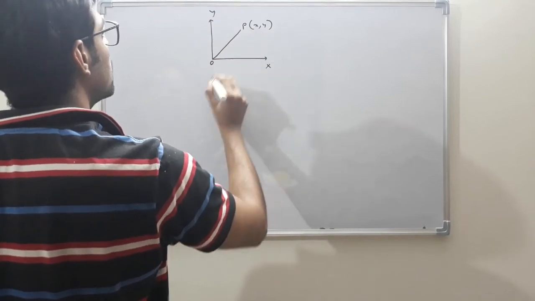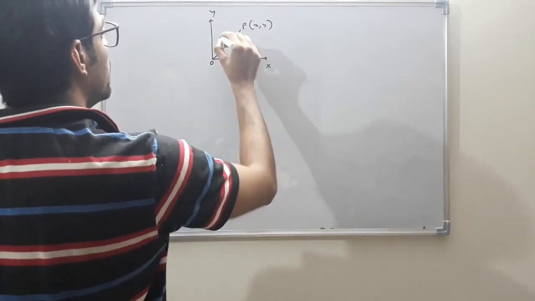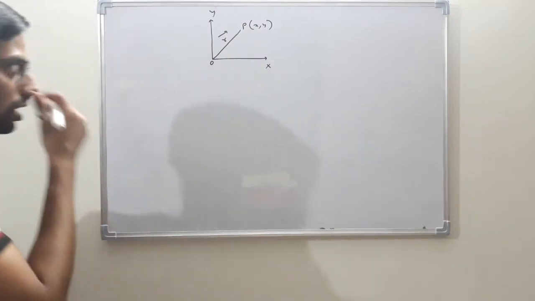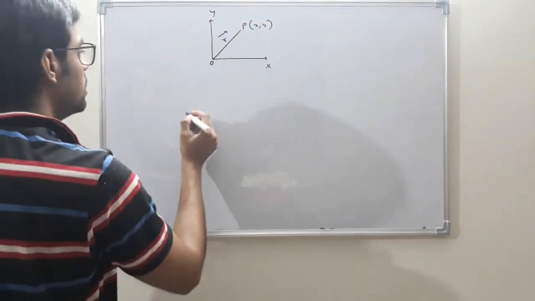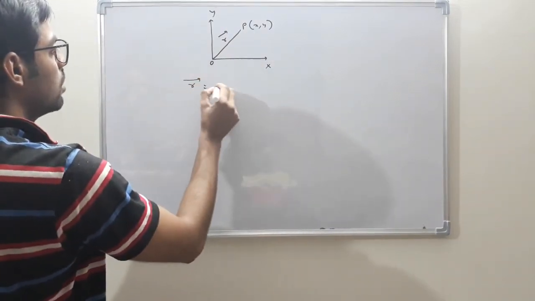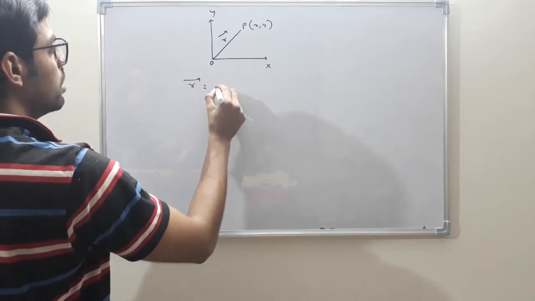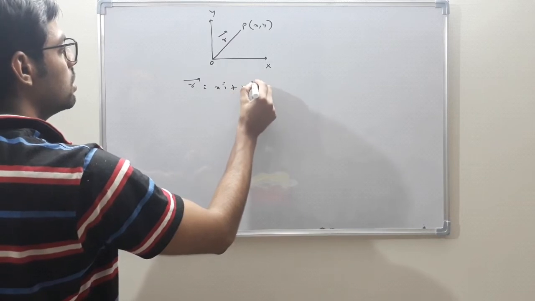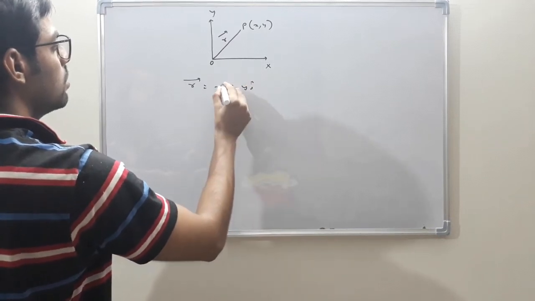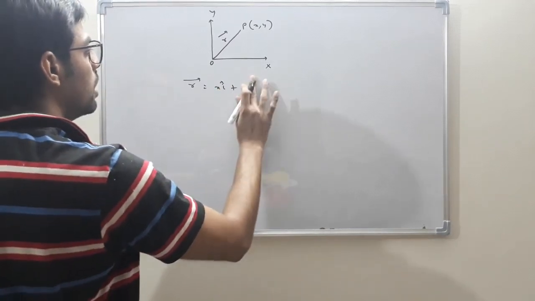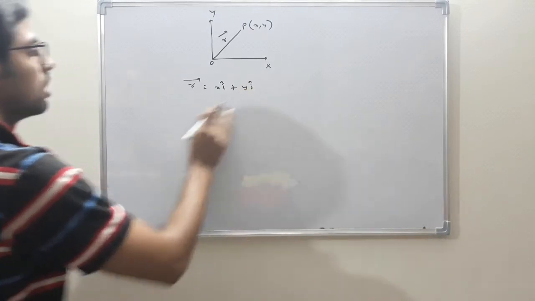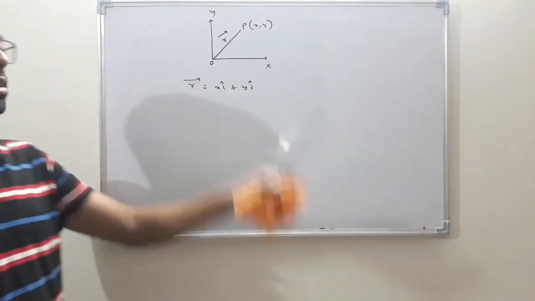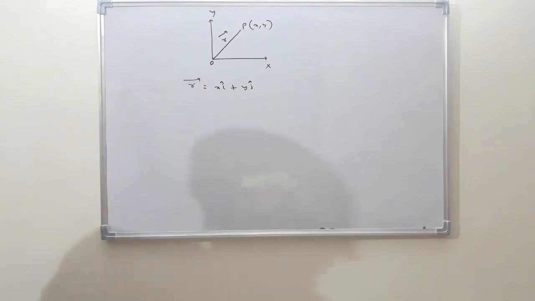This is OP, okay, and it is given by r vector. The position vector of the point P is r vector. Therefore, r vector equals x i hat plus y j hat. Okay. So this was the representation of this position vector r vector in the two-dimensional coordinate system.